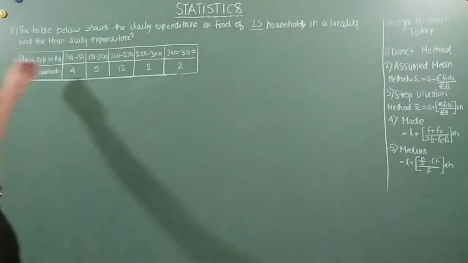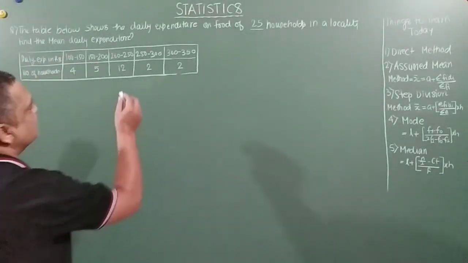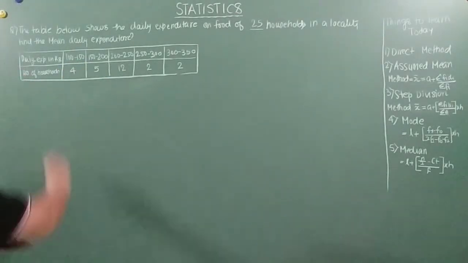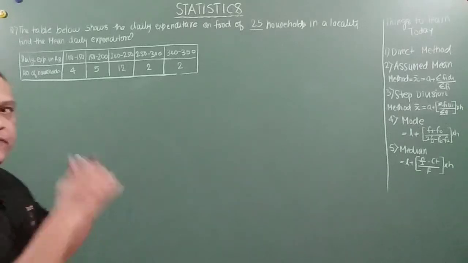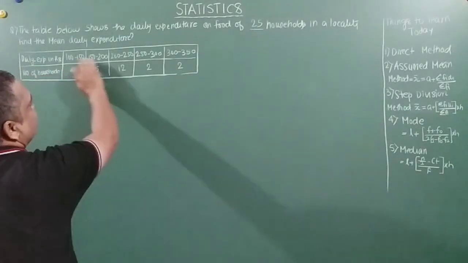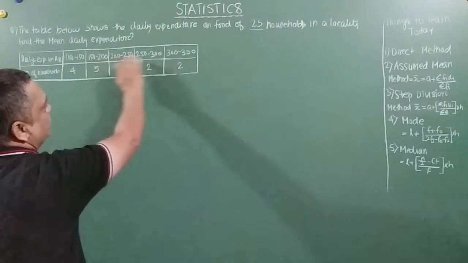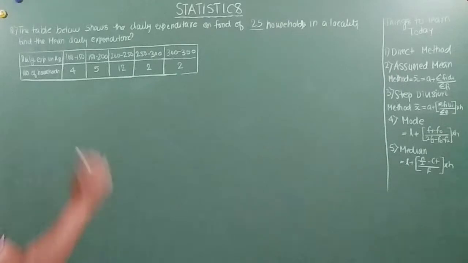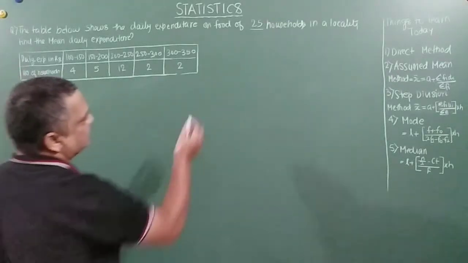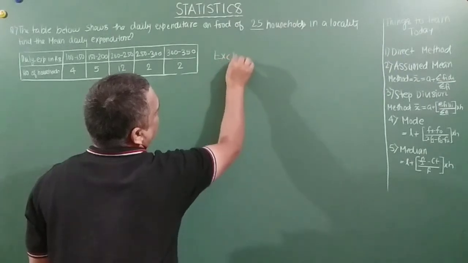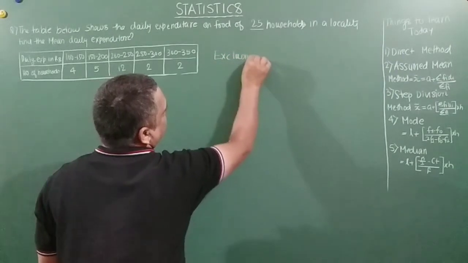First of all, we see that these class intervals, whatever is given to us, that is 100 to 150, 150 to 200, 200 to 250, are all continuous. There is no gap. If all this is continuous, then it is called an exclusive series. Please mind it, exclusive series.